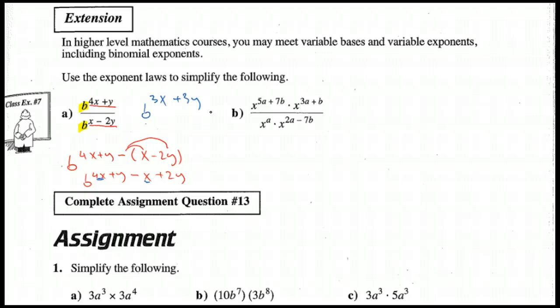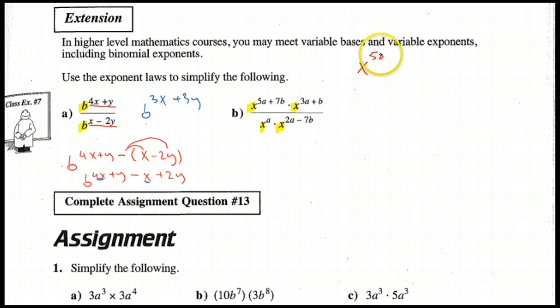Okay, this one looks even more intimidating. But here we go. So now I'm going to be multiplying, so I'm going to first check that all my bases are the same. So base, base, base, base. So all my bases are the same. They're all x. So I'm going to start at the top here. I'm multiplying powers, so I'm going to add the exponents.